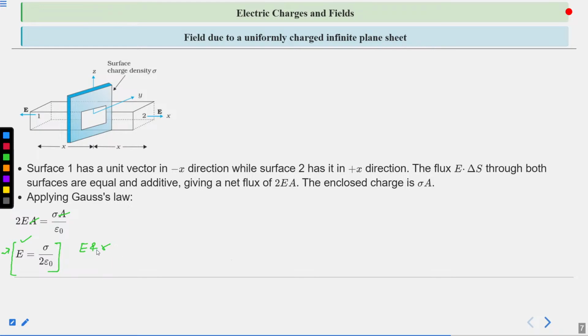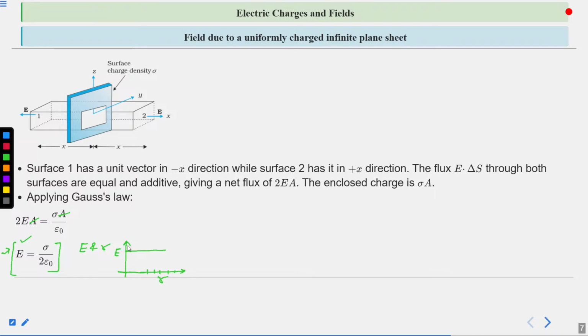This axis is E and this is R. How can we draw this? If we increase the value of R, E stays the same. There is no effect on E because it is independent of R. Clear? I hope this is clear.